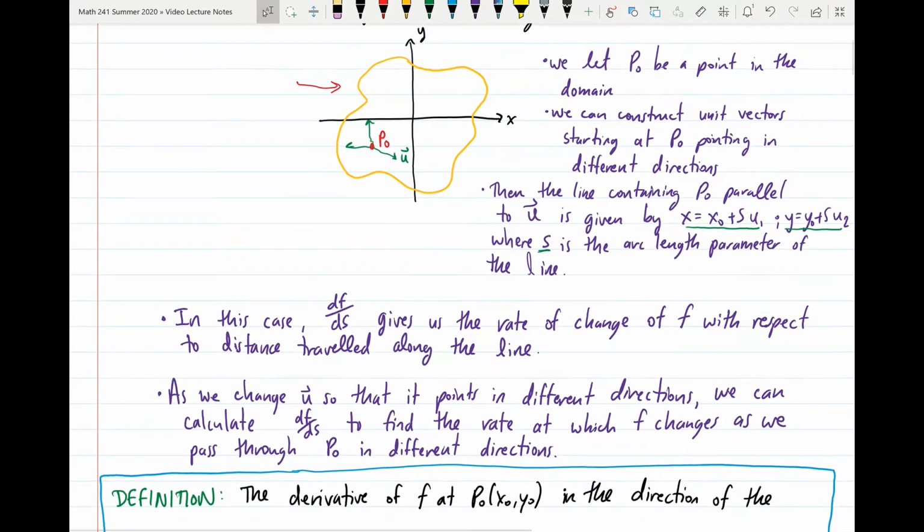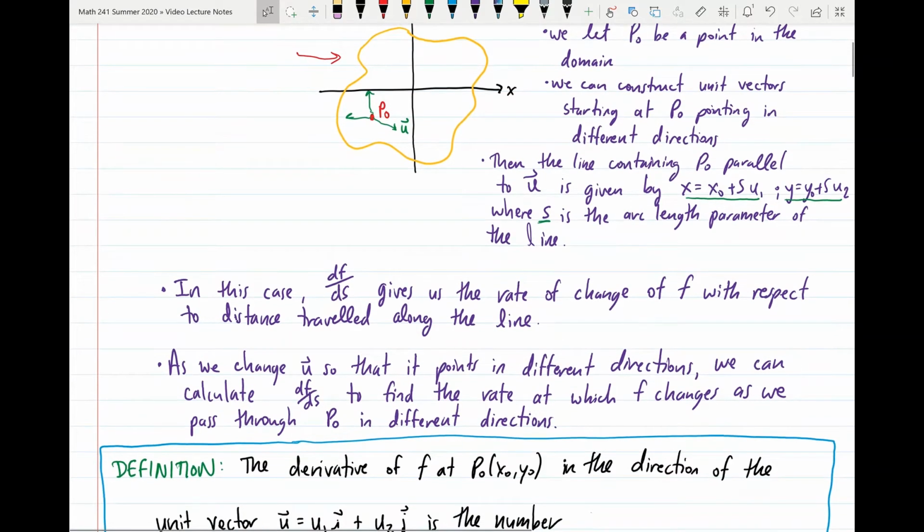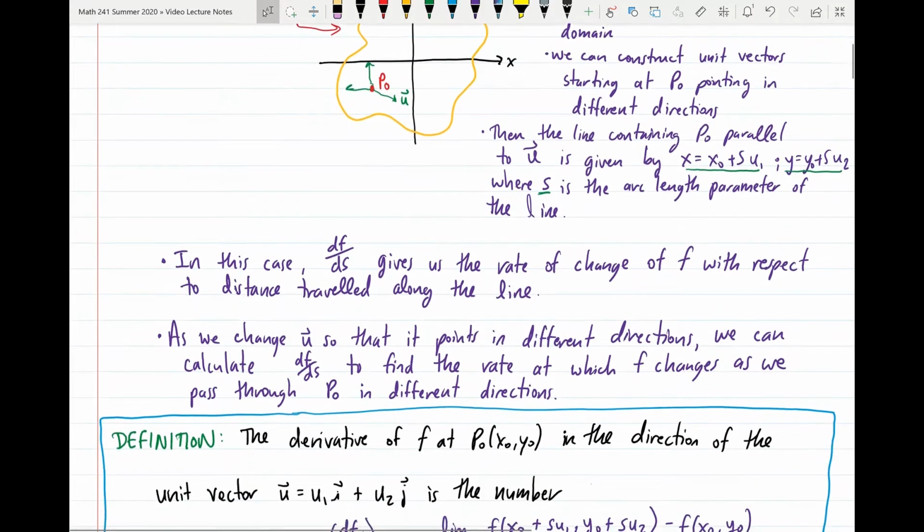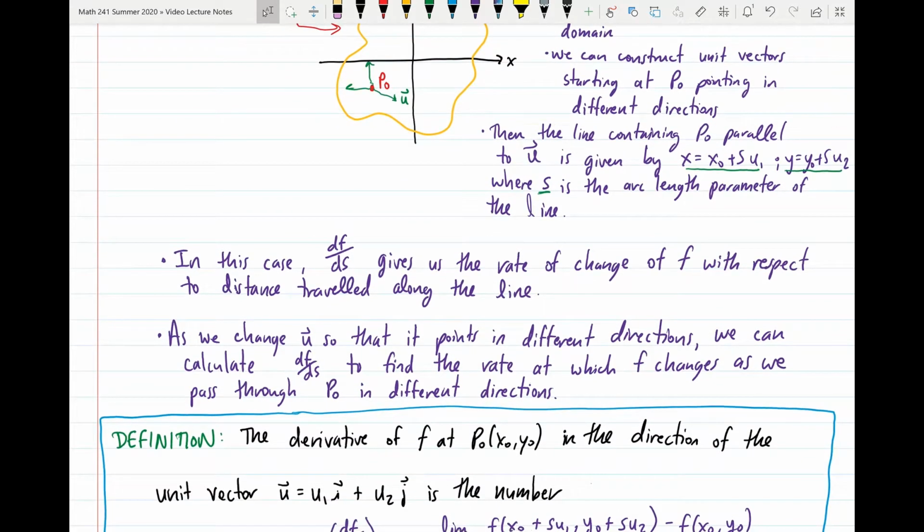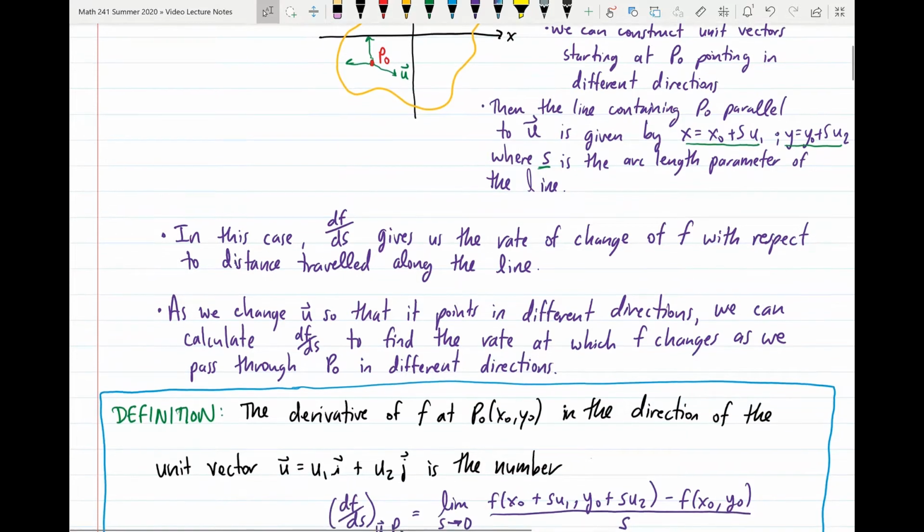So remember from section 14.3, where we introduced the concept of the partial derivative, that the partial derivative with respect to x gave us the slope of the tangent line at a certain point as we approached purely in the x direction, and the partial derivative with respect to y gave us the slope of the tangent line at a given point as we approached purely in the y direction.